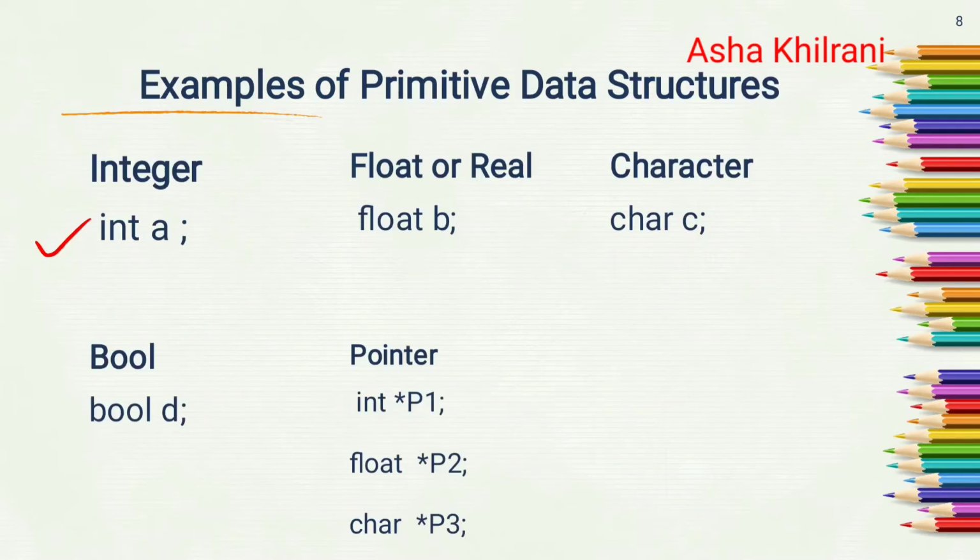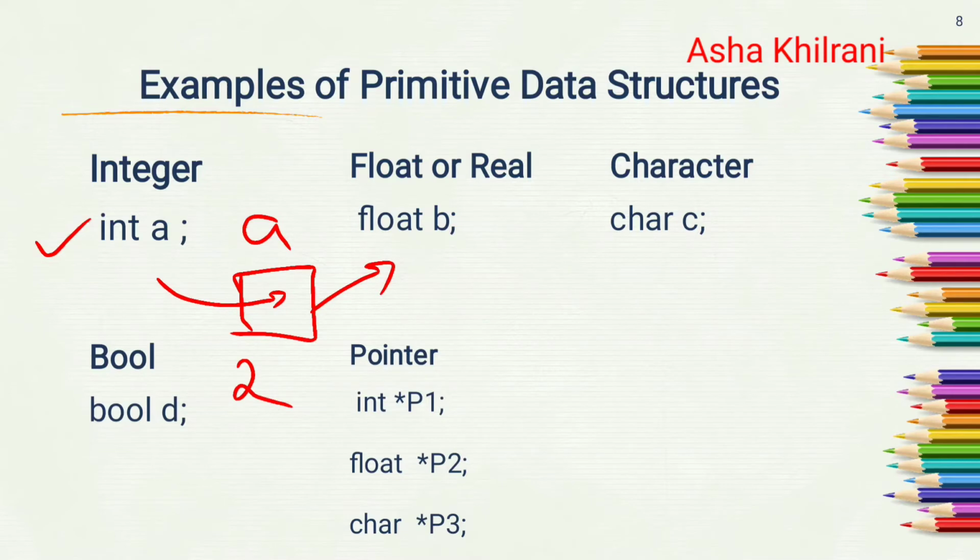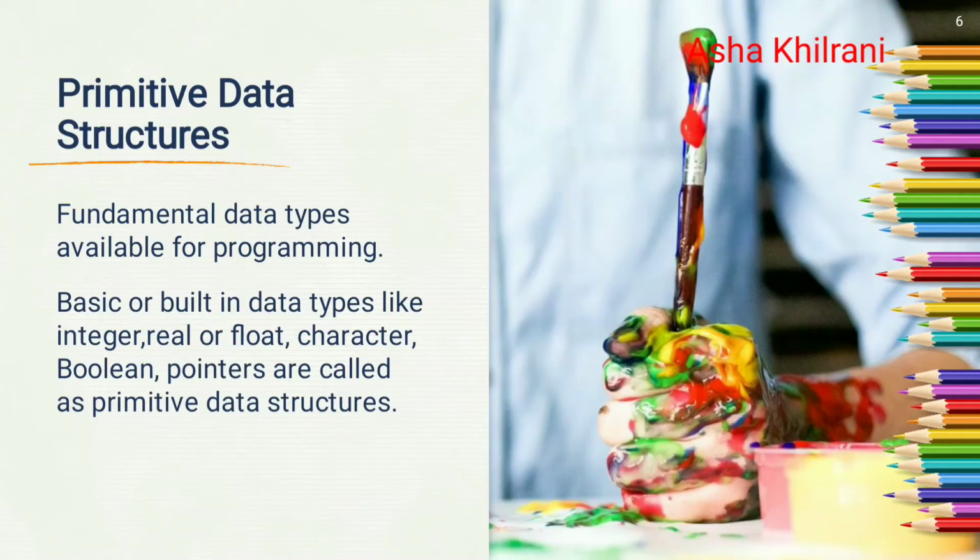For example, if you write int a in C or C++, it means 2 bytes of memory will be allocated to the variable a, and the program can store or access the value from this memory. So first we will learn what primitive data structures are, then we will learn what non-primitive data structures are.